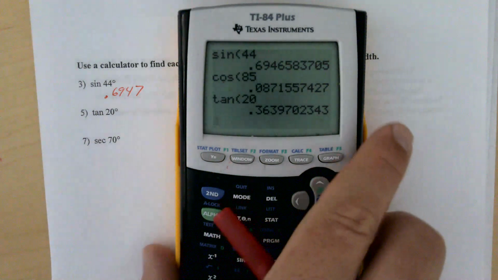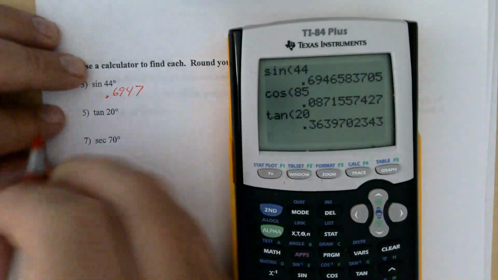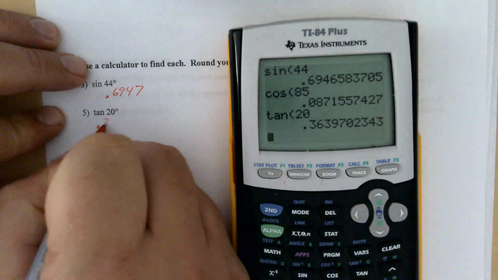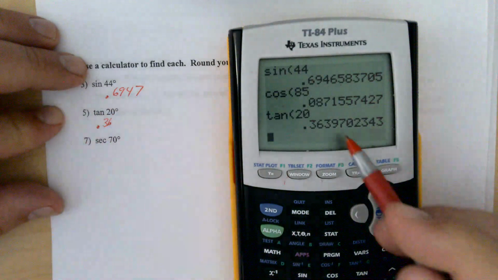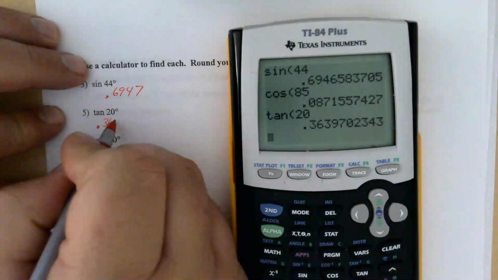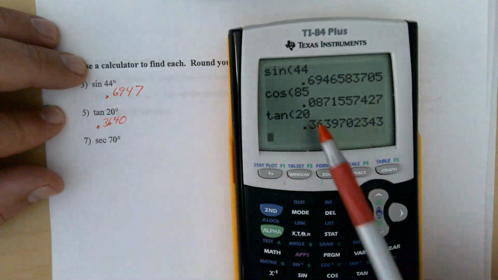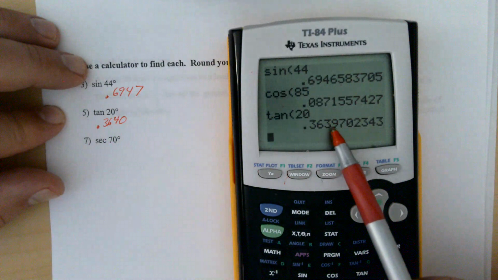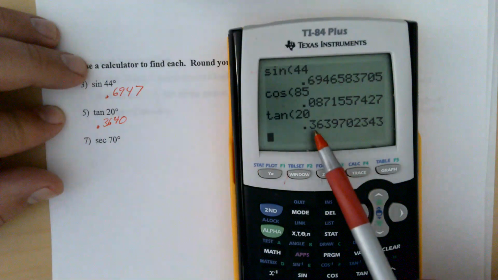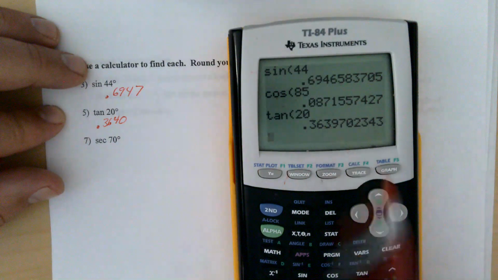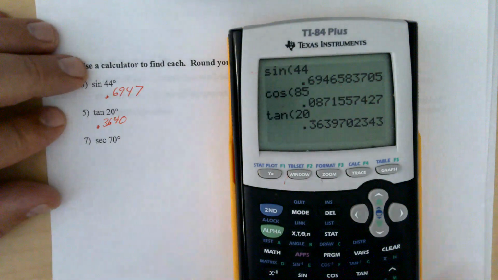Think of a test grade. You only earn 36%. So it's 0.36, and I'm going to round this to 40. That 9 really becomes a 10, which would bump this up to a 4. 0.3640 is the proper way of rounding that.